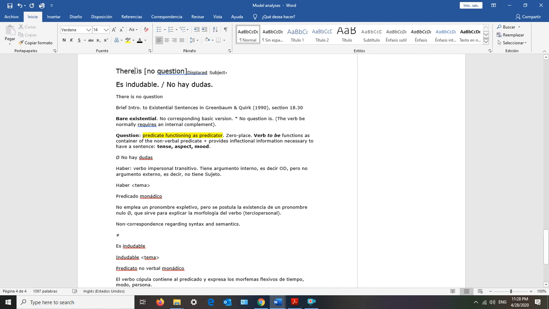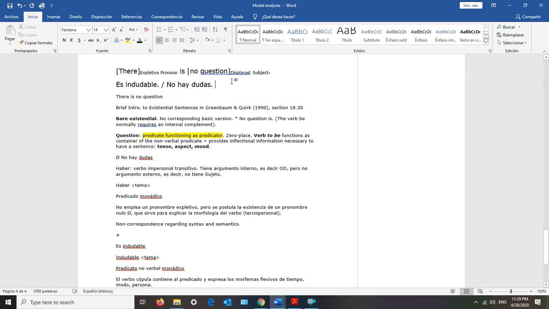we have to have, considering the type of language English is, an expletive pronoun. So this is an expletive pronoun filling in the preverbal subject slot that is left empty when the displaced subject, no question, is located where it is, which is at the end of the sentence.